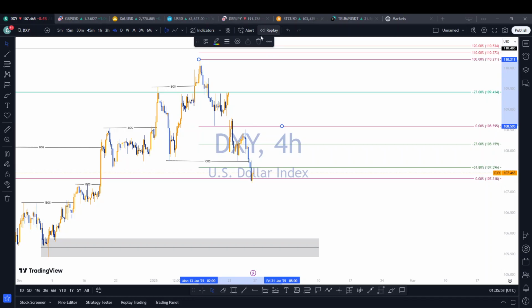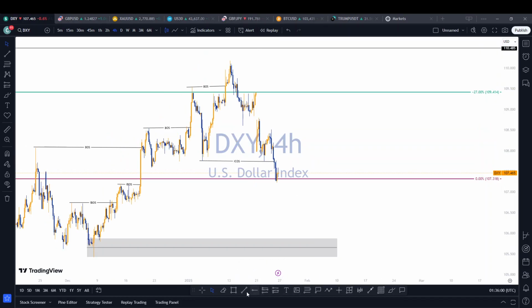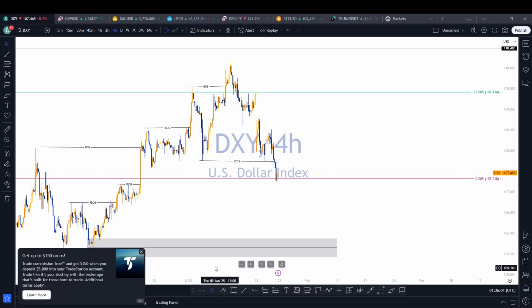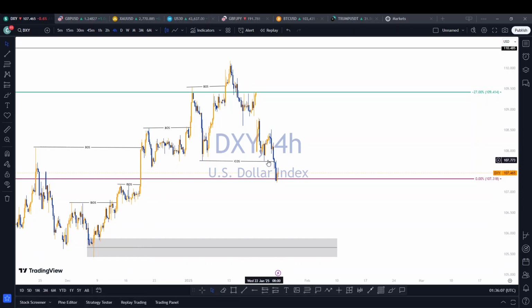the 61.8% level, so there's the possibility of it pushing higher. So this might just be liquidity, to be honest, for it to push more to the upside.